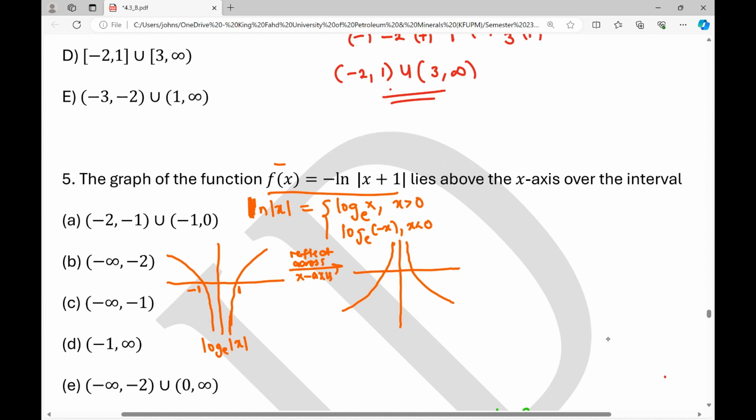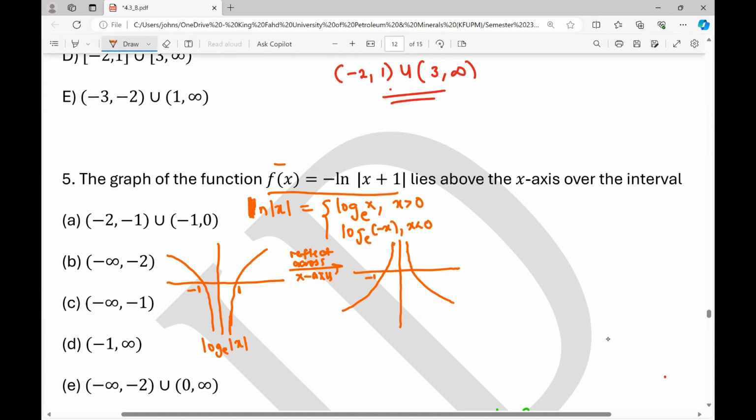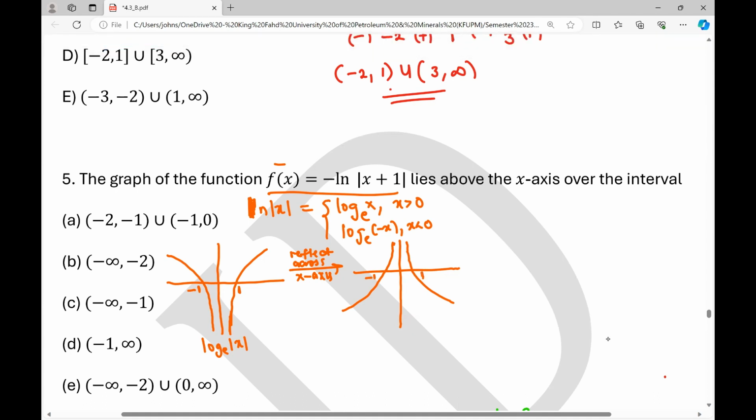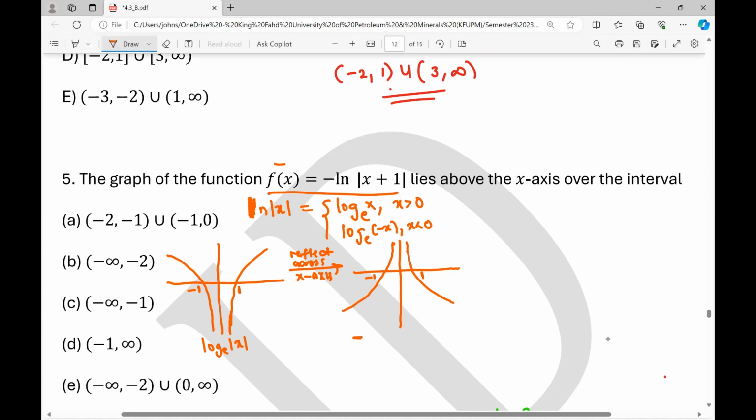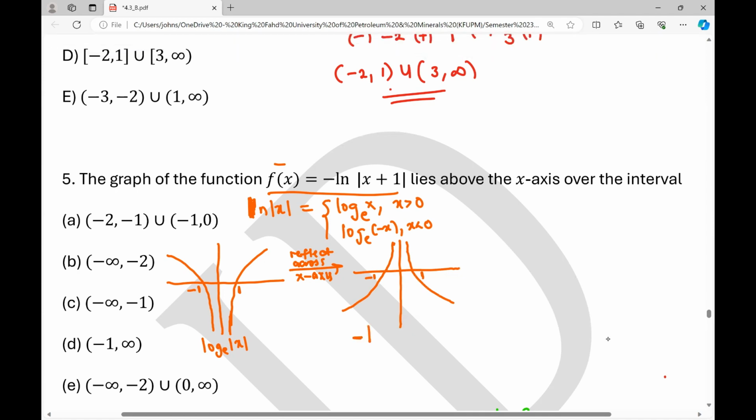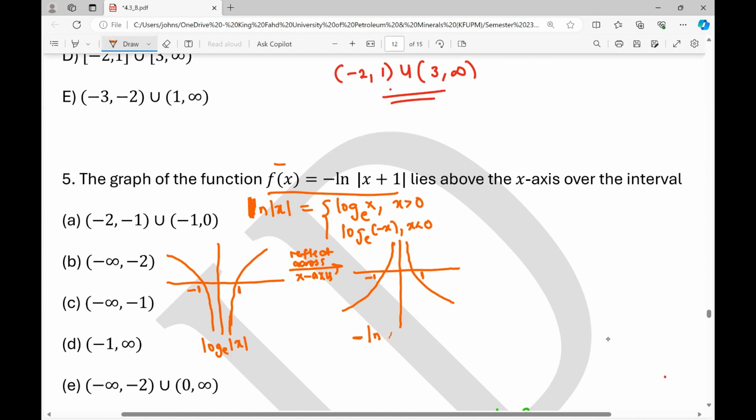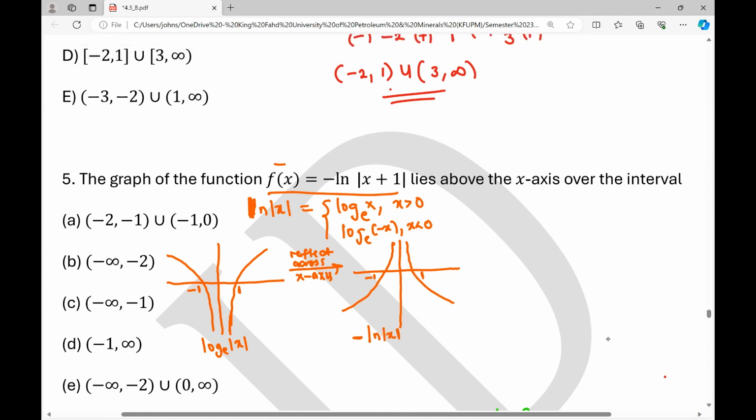So this is the reflection across the x-axis. And here will still be minus 1 and 1. So this is the graph of minus ln x. You can use ln, it's okay, it's still the same.